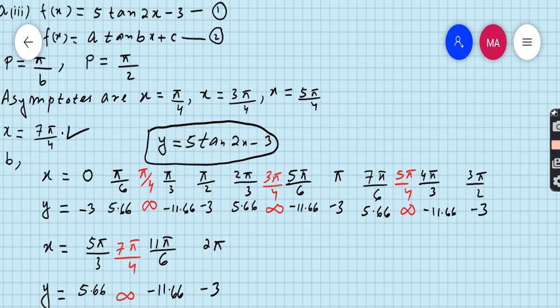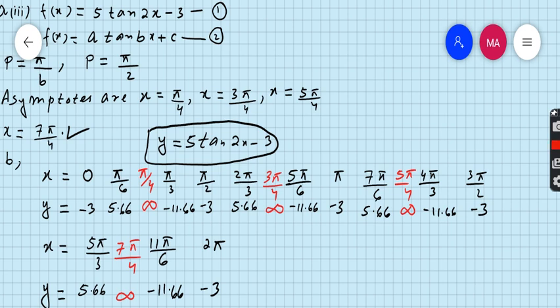In question number 6, I drew the graph of the tangent function of this type, where the values of a, b and c are given.